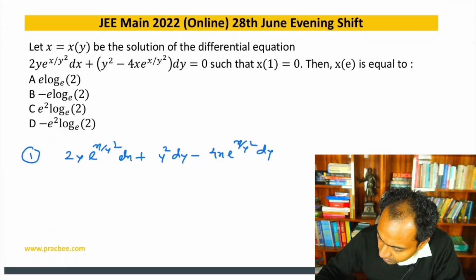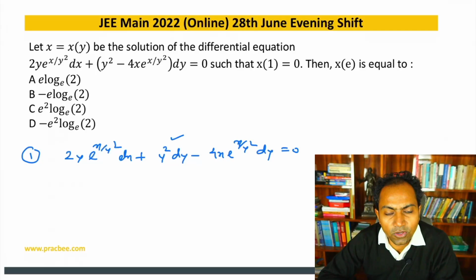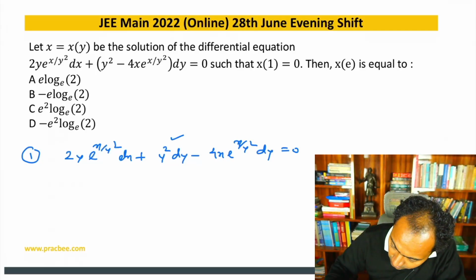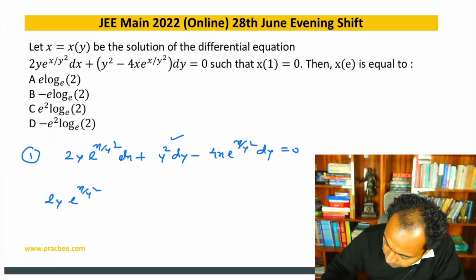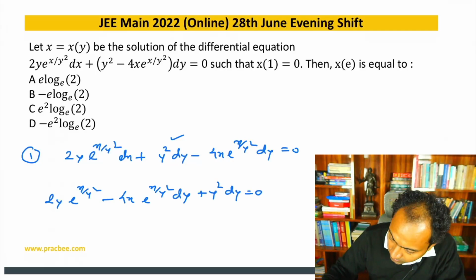This we can write. And now see, this term is already sorted because the variable is already separated. In the first two parts, we'll have to put some brain.